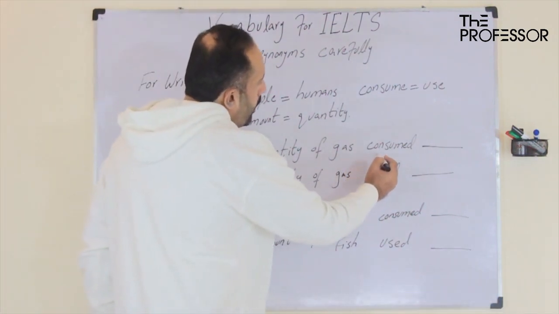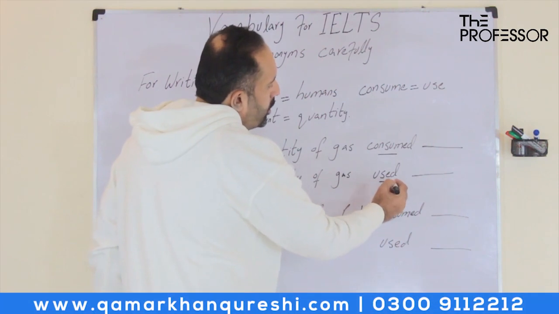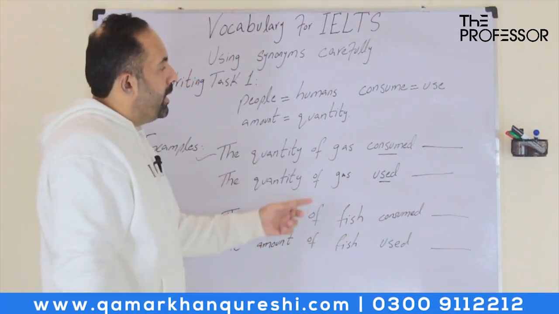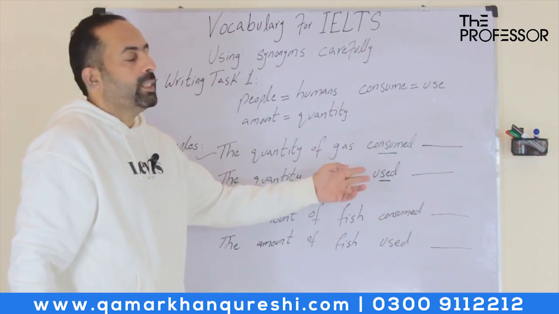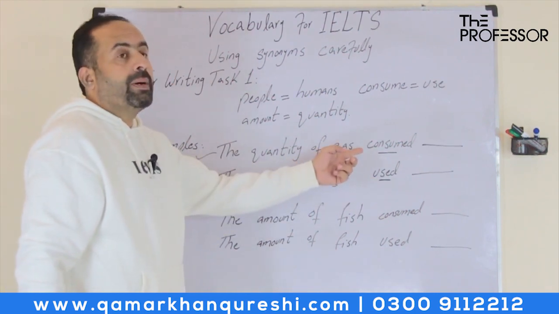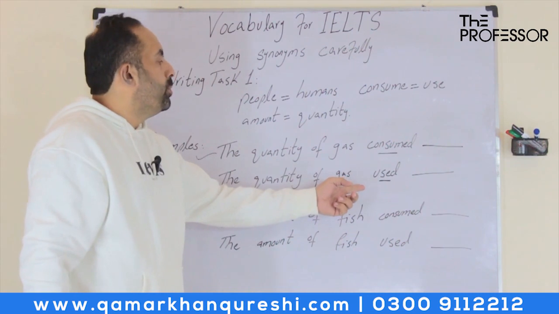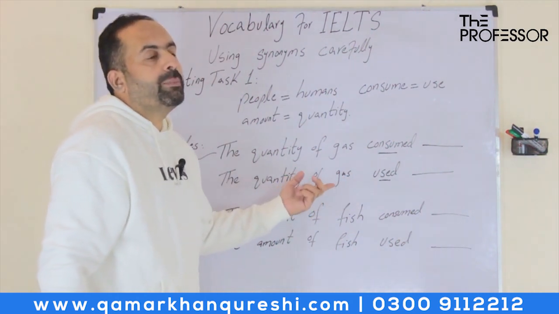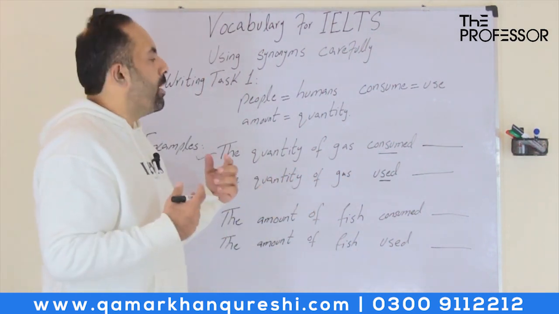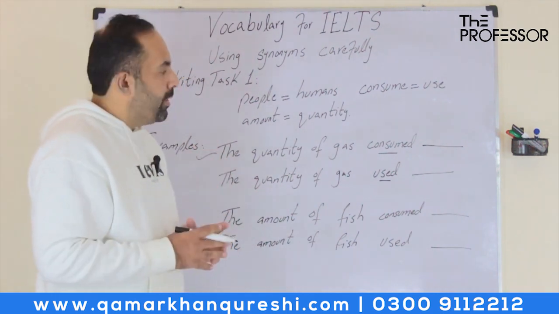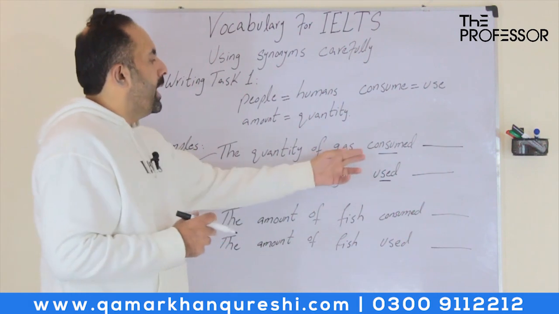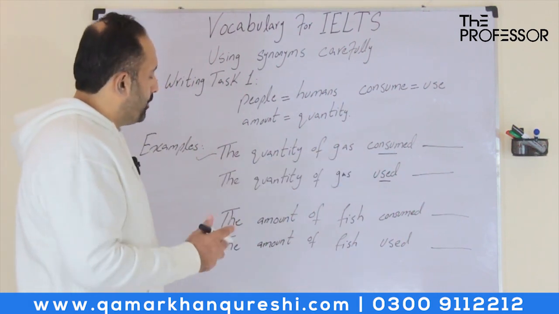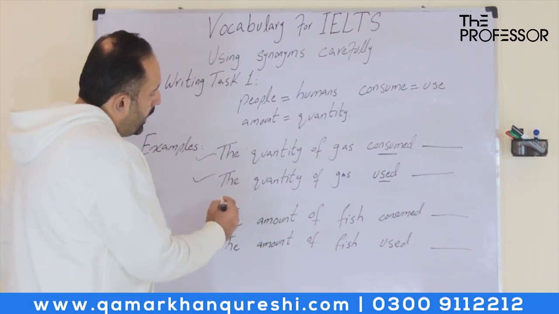So paraphrase, similar words. Consume, use. हम इसके लिए consume भी इस्तेमाल कर सकते हैं और use भी इस्तेमाल कर सकते हैं when we are talking about, for example, gas, or we are talking about energy, or we are talking about electricity.